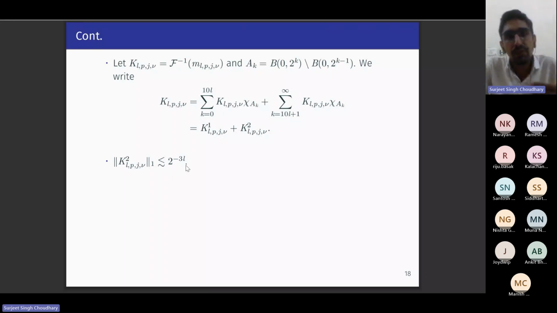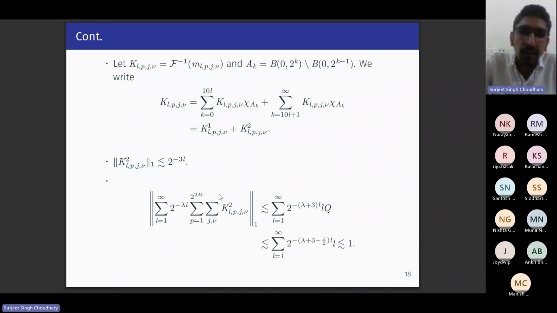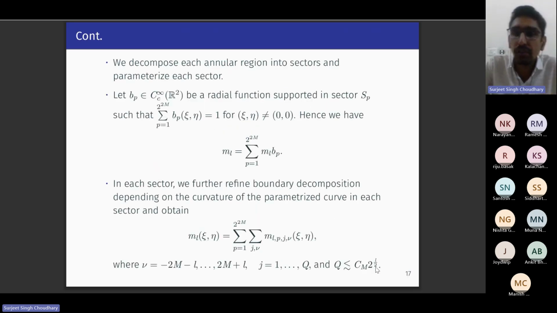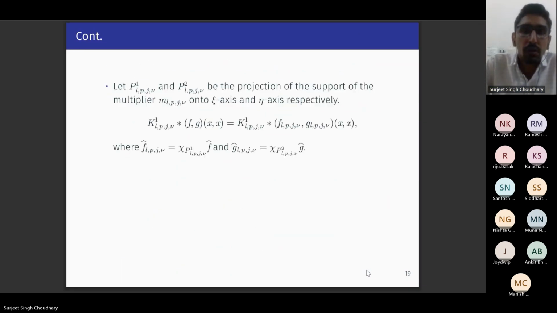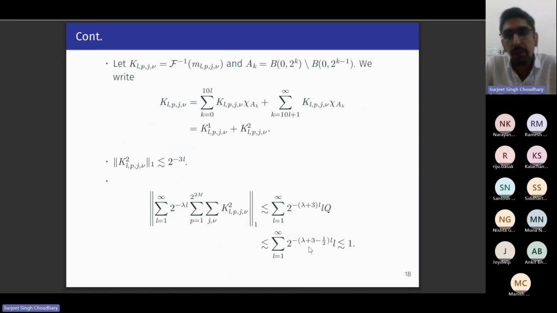So now if I sum over all ℓ, P, J, ν, then the L1 norm of our kernel we can dominate by 2^{-λℓ+3ℓ}Q. And this Q, as we have seen previously, is bounded by some constant depending on M times 2^{ℓ/2}. So we have good enough decay, so we can sum in ℓ and still be bounded by some constant.